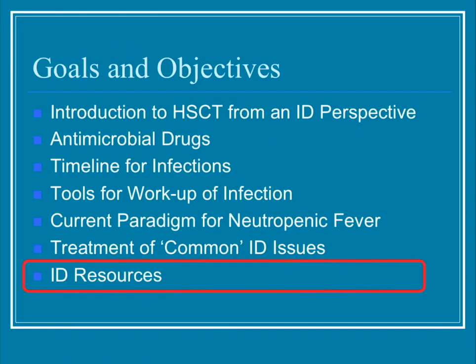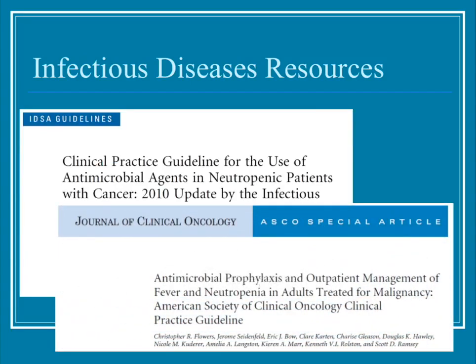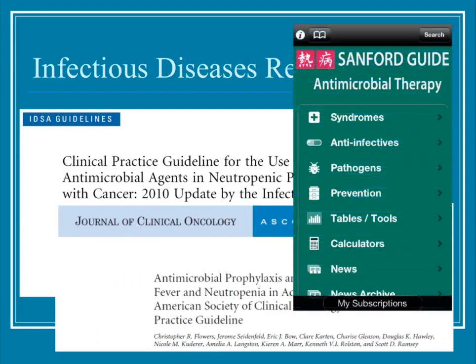So, a few words about ID resources and then we'll finish up. Remember that there are the free guidelines on the infectious disease site that you should be utilizing in your studies. There are also the ASCO guidelines, kind of like the HemOnc perspective. My favorite is the Sanford Guide, especially because of the tools and tables.